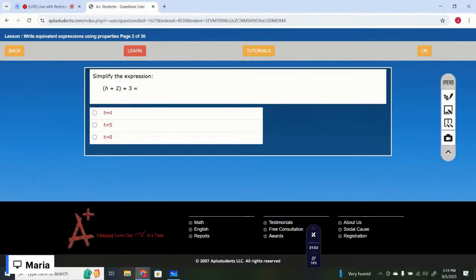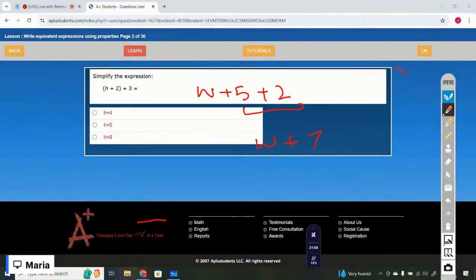Simplify the expression. That is h plus 2 plus 3.